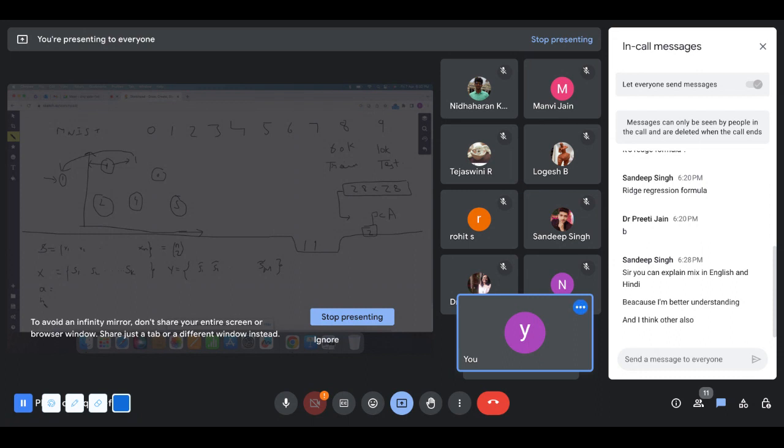And B is quite opposite: the set of all the pairs of points which belong to different clusters in X and Y. Here it's the same cluster, and here it's a different cluster.